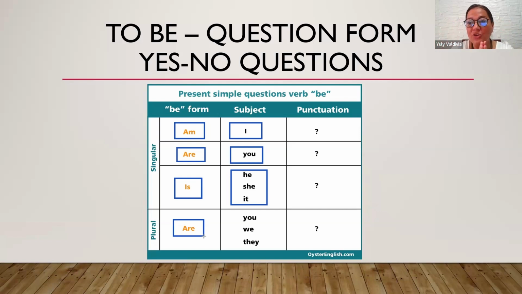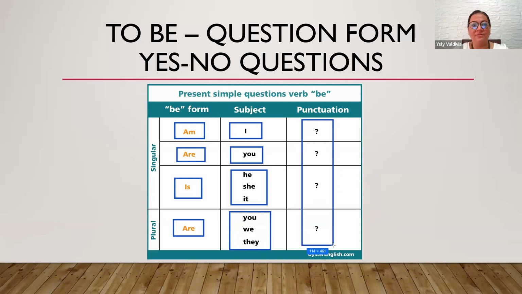Now we are using the question form, and we have to exchange the pronoun and the verb to be. That would be the question form. Wonderful. Let's see if we can do this.